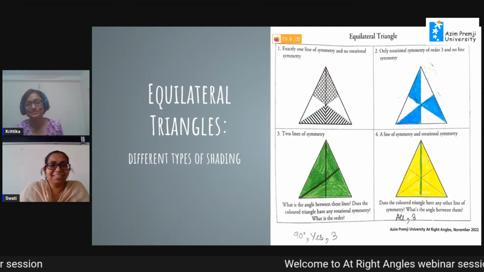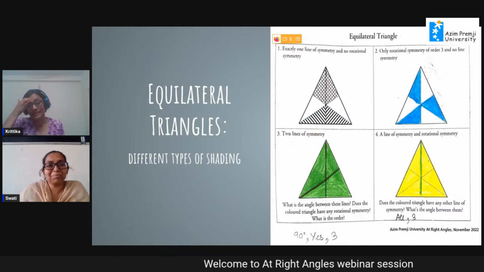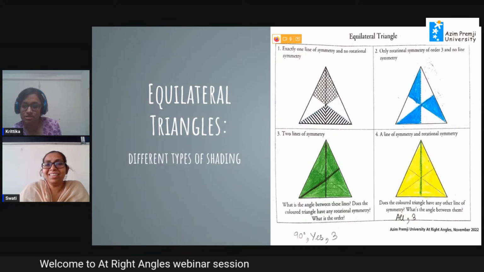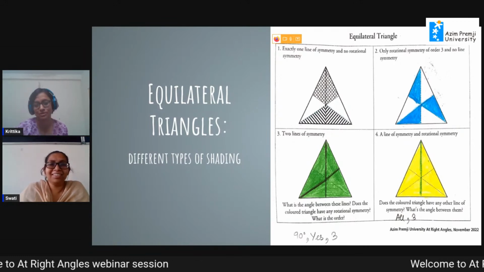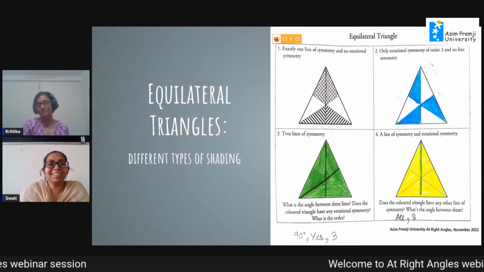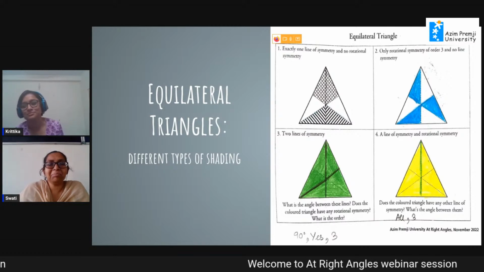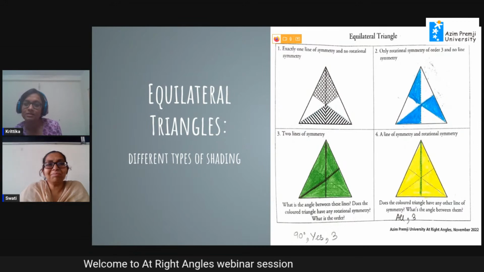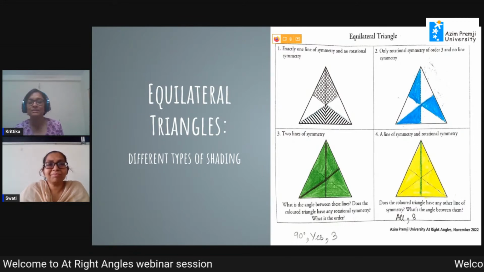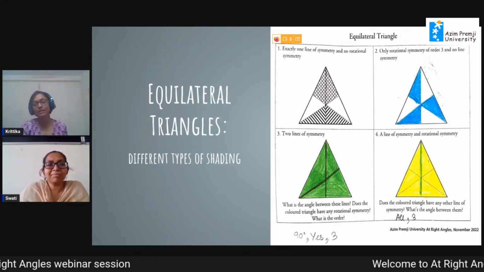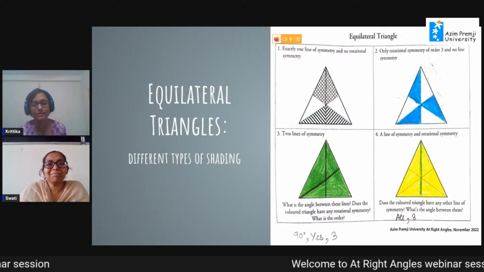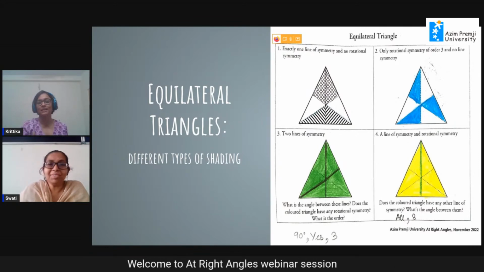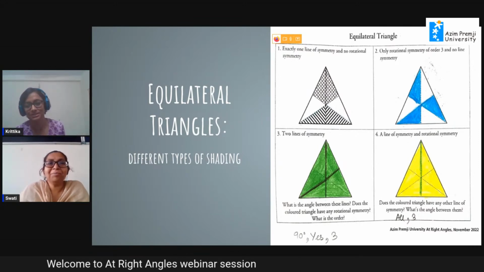And then the fourth one was a line of symmetry and a rotational symmetry. Many took time on this too. But since they had done rotational symmetry in the second one, first they colored that, and they realized that if there has to be a line of symmetry, they had to color the other half, and they realized that they had colored everything with the same color.